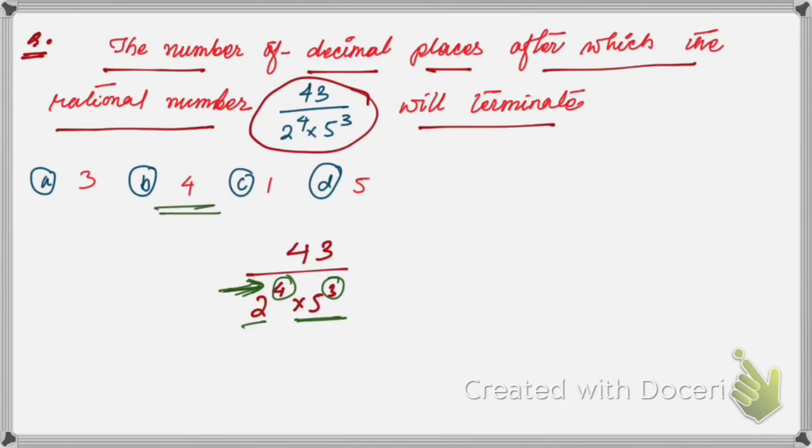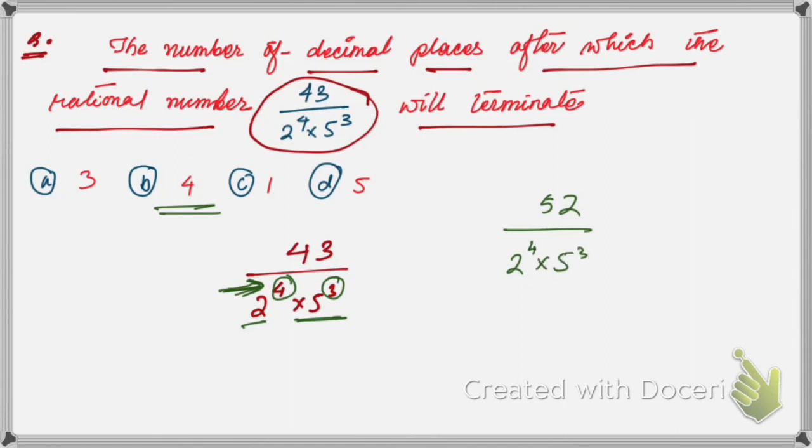Suppose you have a number, let me take another example. Suppose you have 52 and you have 2 to the power 4 and 5 to the power 3, right?